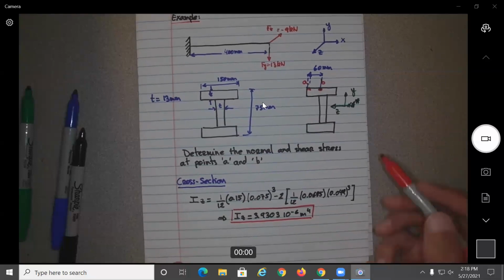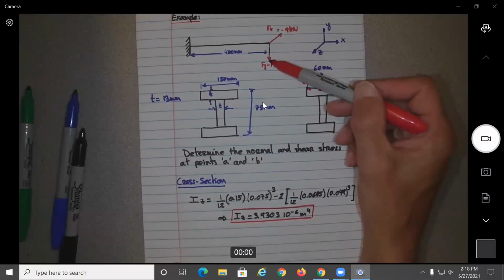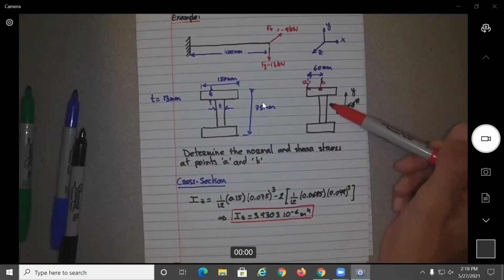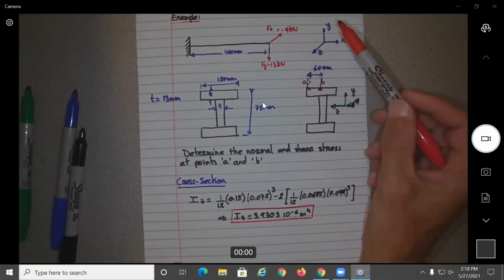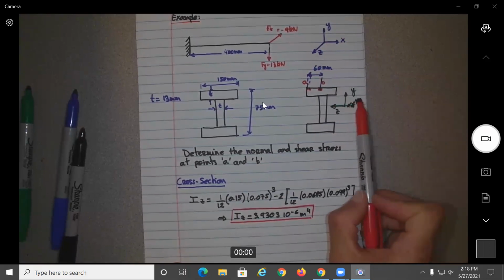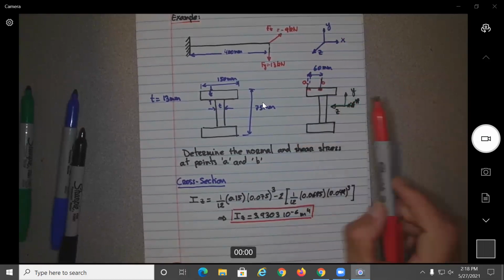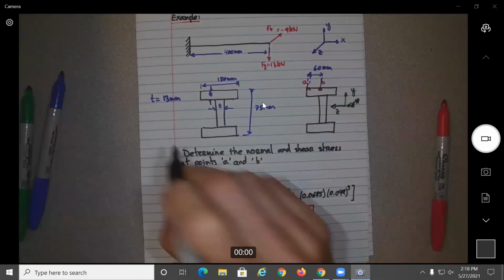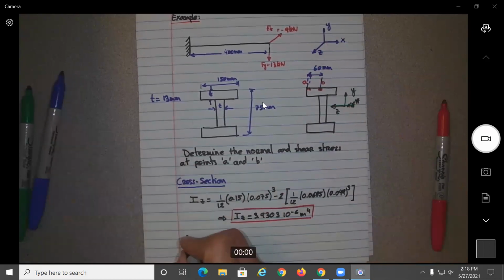Okay, now because we have the force Fy, we need to find I sub z. Now, because we have a force in z, what do we need to find? It's going to bend about the y, so we need to find I sub y. If we do the same thing, what would you get?